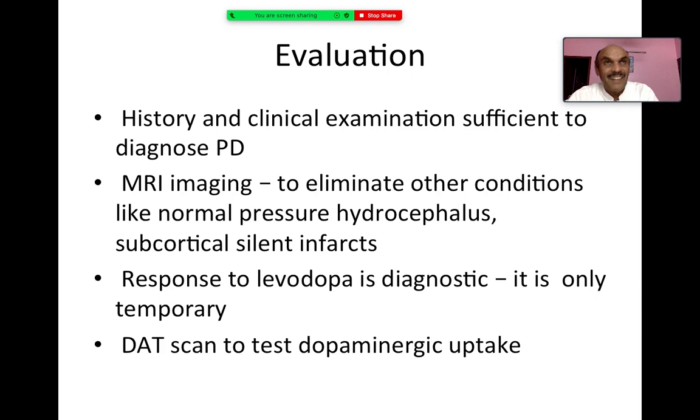But even despite the fact you continue the treatment, after an initial response, the symptoms reappear. And then there is a scan that tests the dopaminergic uptake. This is again a diagnostic test performed in doubtful cases.